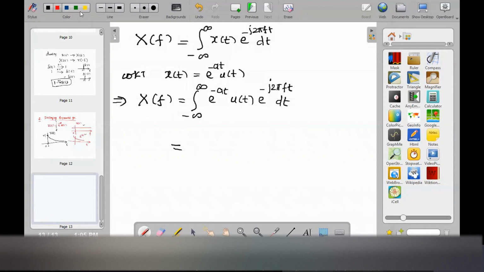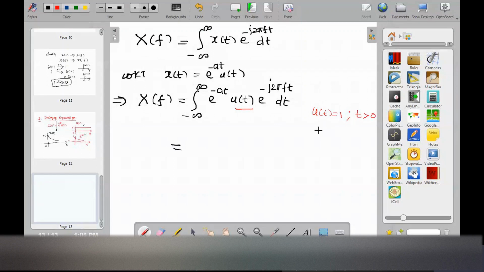Now, what is u of t? It is the unit step. It occurs only from time t equals 0 to infinity. That means u of t equals 1 when t is greater than 0.